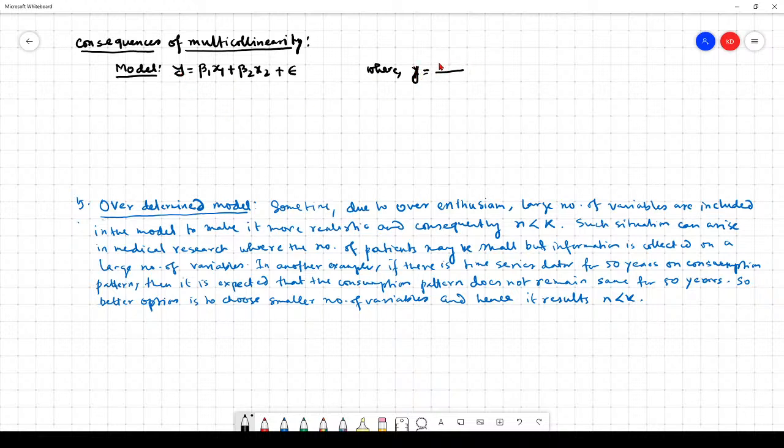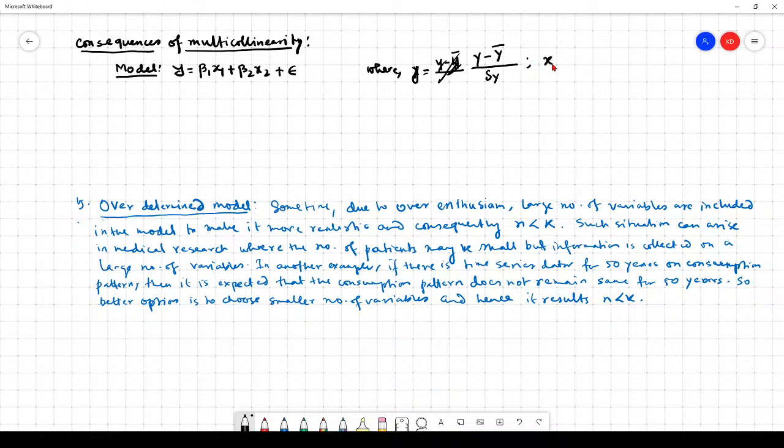Small y equals capital Y, the original observation, minus the sample mean of the observations, divided by sy. Sy is the sample standard deviation.